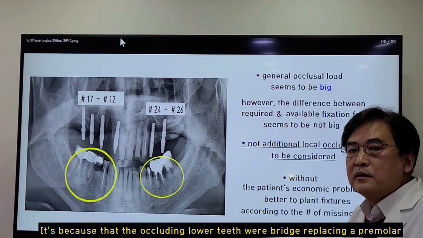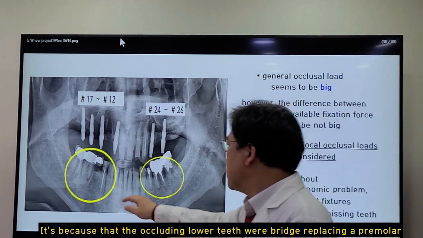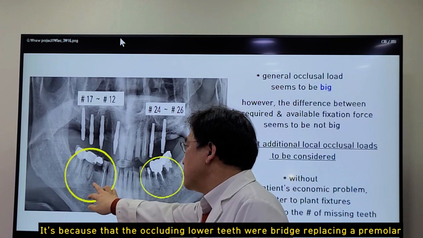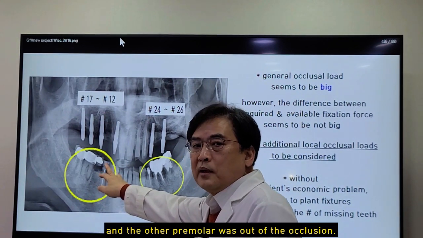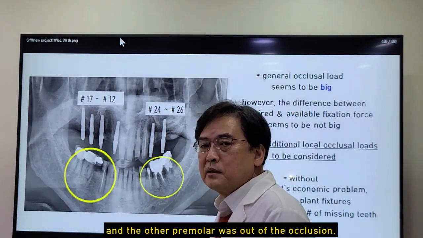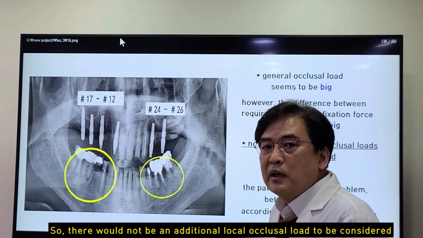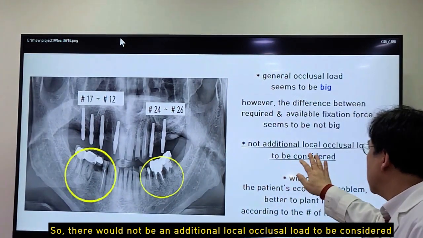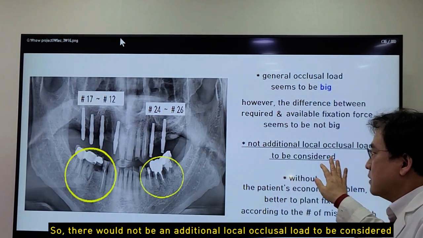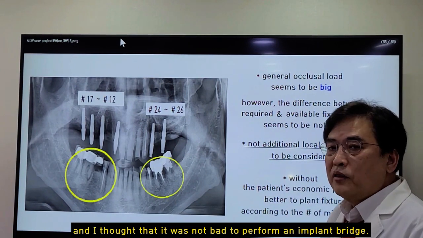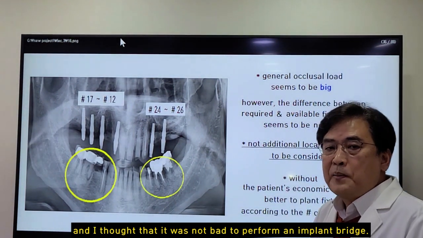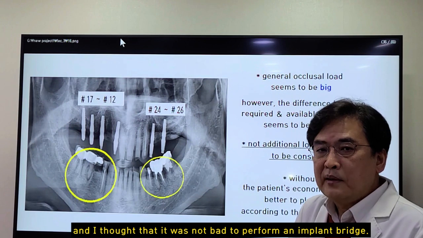It's because the occluding lower teeth bridge replacing the premolar and the other premolar were out of occlusion. So there would not be an additional local occlusal load to be considered, and I thought it was not bad to perform an implant bridge.